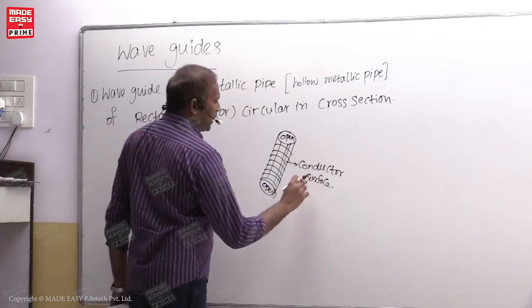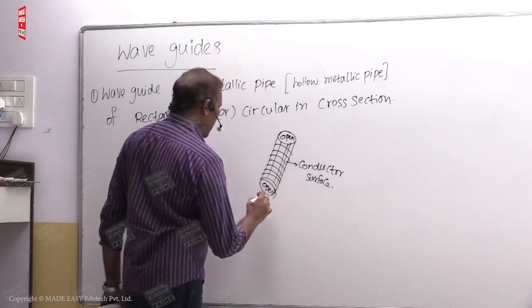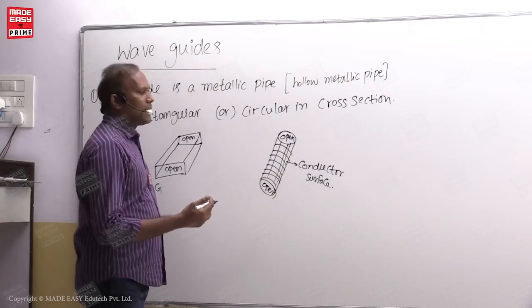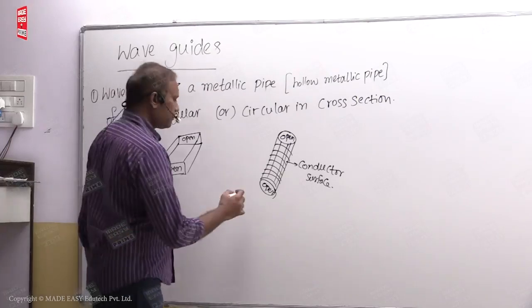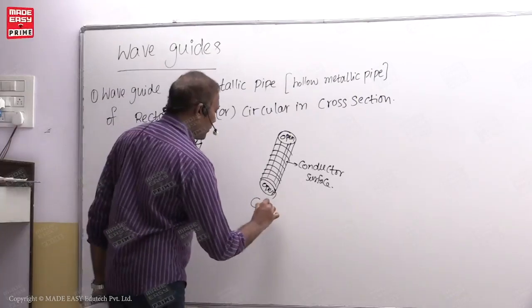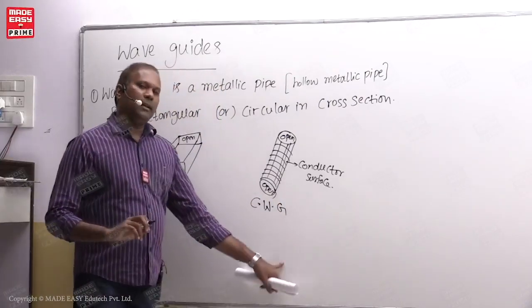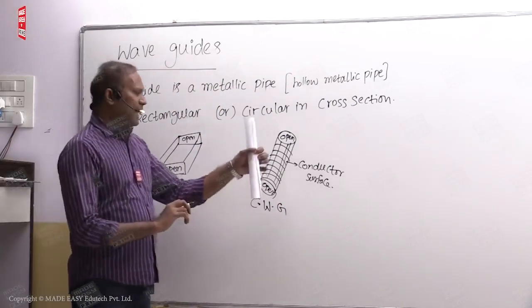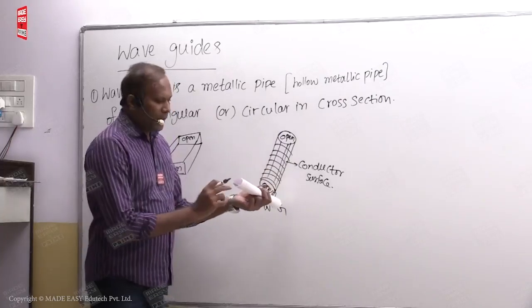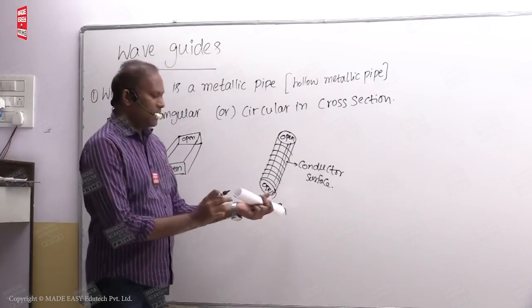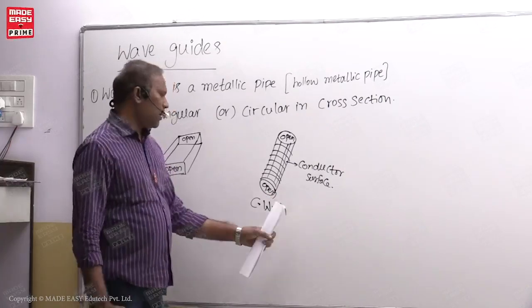So conductor surface, and this is called a circular waveguide, or otherwise it is also called a cylindrical waveguide, CWG. Actually it is a cylinder, but the front end is circle shape. So that is why cylindrical waveguide, or otherwise circular waveguide, you can call CWG.